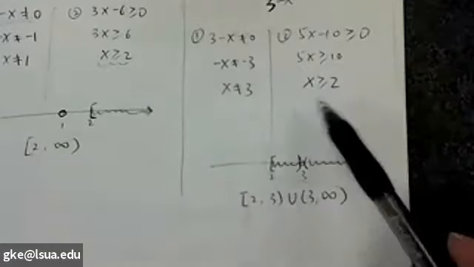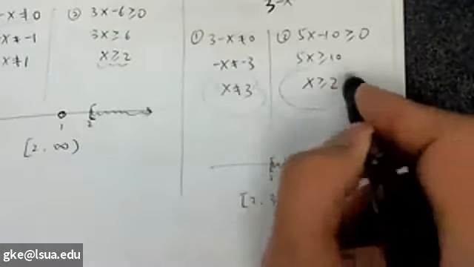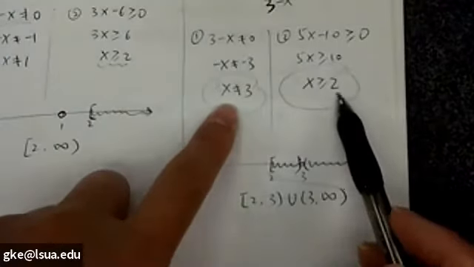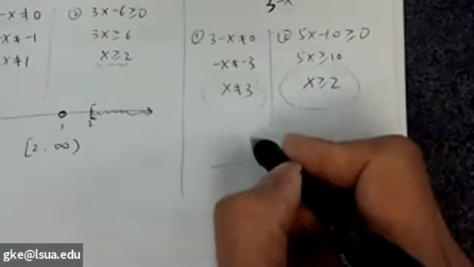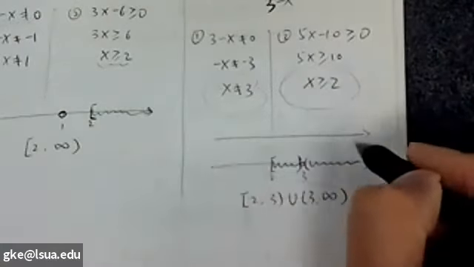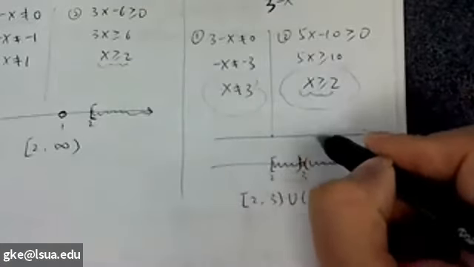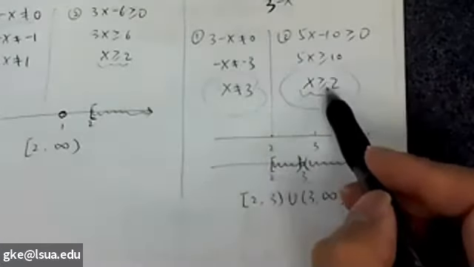So we do the combination of these 2 parts, okay? Basically what we are doing is the combination of this part. So what you're gonna do is just draw this like that. Draw the 2. Here's x greater than or equal to 2, right?